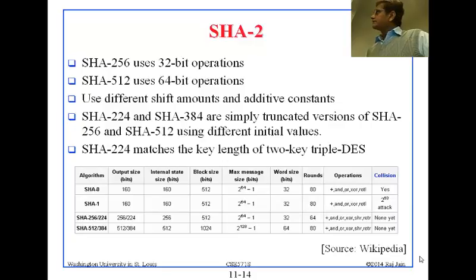The block size is here 512, which continues on 256 but becomes 1024 in SHA-512. The maximum size of the message is 2^64 - 1, and this one is 2^128 - 1, and so on. Okay? The number of rounds, the operations, and the collisions, etc.